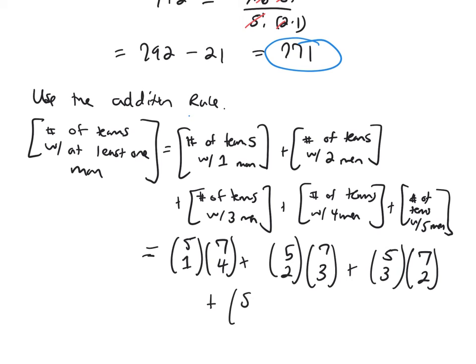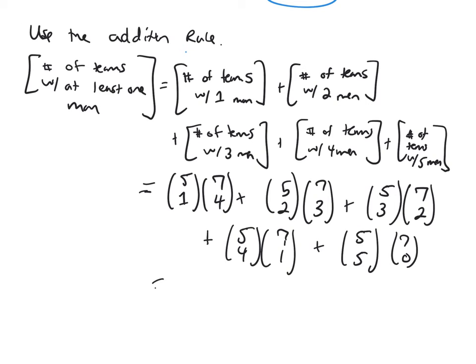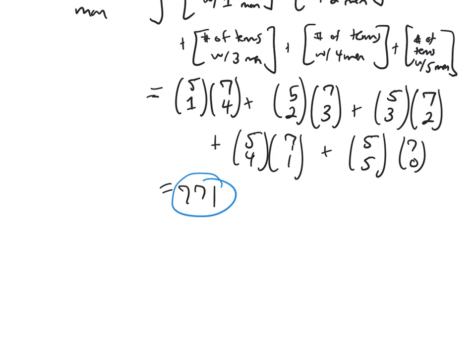If I have 4 men, it would be 5 choose 4, and then choose 1 woman, so 7 choose 1. Or finally, choose all 5 men, and then you're not going to choose any women. If you multiply this all out and simplify it, you'll get the same answer as before, 771. So it's up to you. Either method will get you the same answer, but for this specific problem, using the difference rule is a little bit easier than using the addition rule.